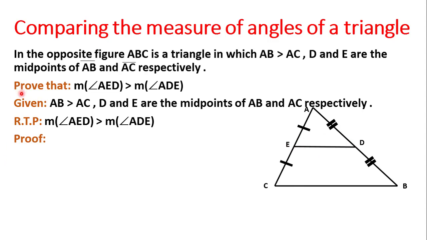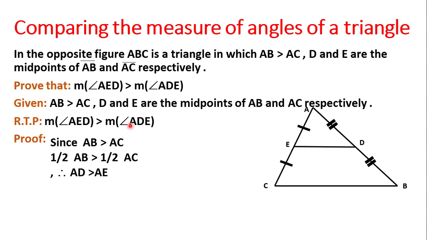At first, I'll write the given: AB is greater than AC. Also, D and E are the midpoints of AB and AC respectively. It's required to prove that measure of angle AED is greater than measure of angle ADE. We will use the theorem that the greater angle is opposite to the greater side. AB is greater than AC, it's given. It means that half AB is greater than half AC.